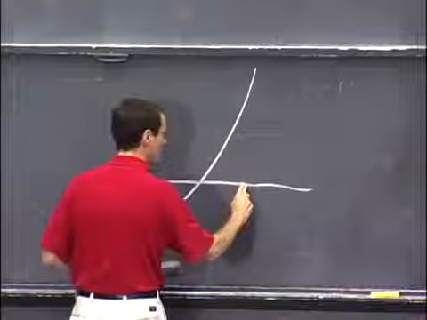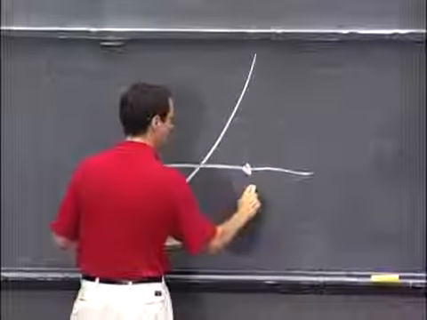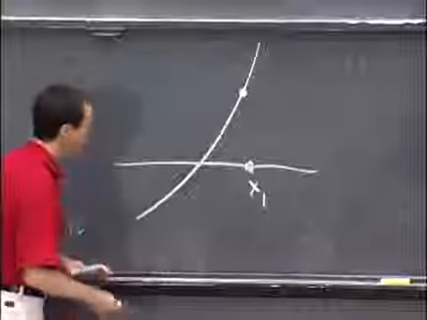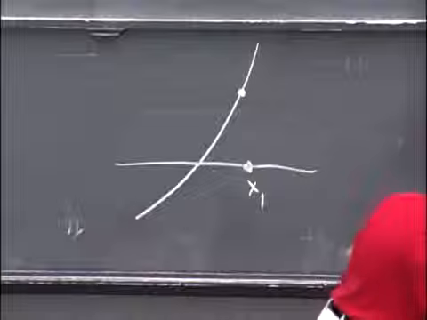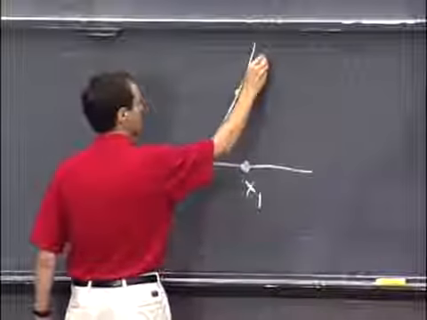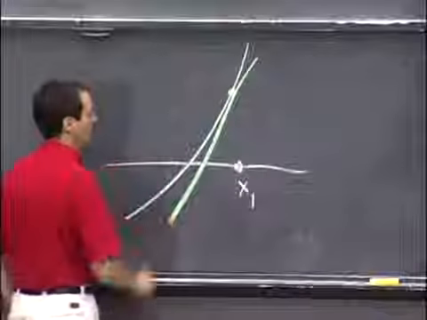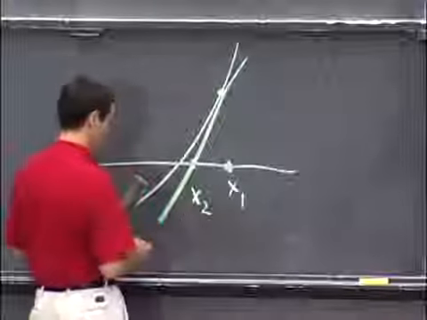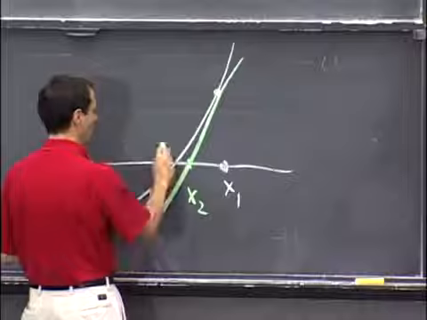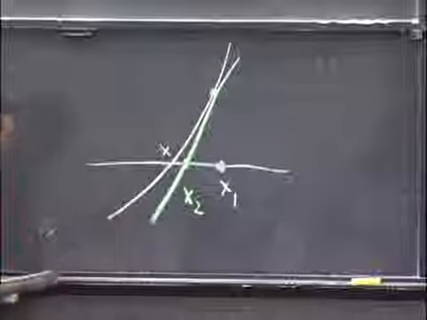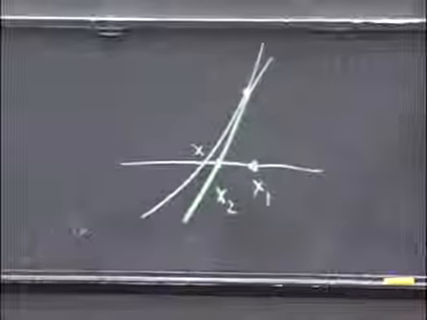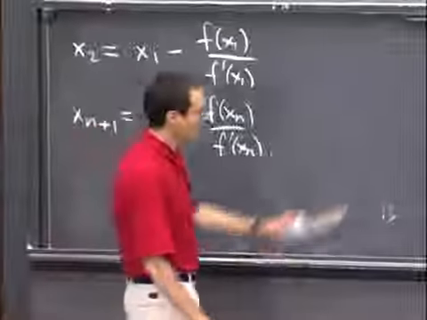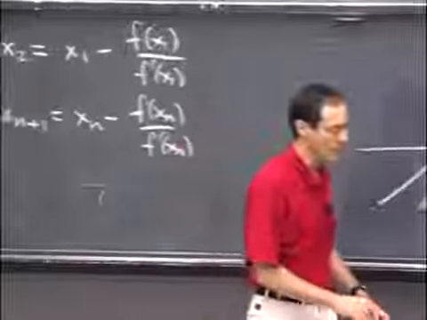And suppose that x1 is here. Directly above it is this point here. And then as I drew it, this green tangent is coming down like that. It's a little bit closer. And this was the place x2. And then here was x, our target, which is where the curve crosses as opposed to the straight tangent line crossing. Okay? So that's the picture that I want you to keep in mind.